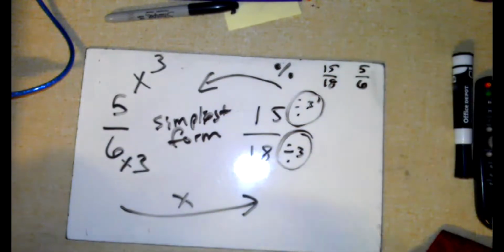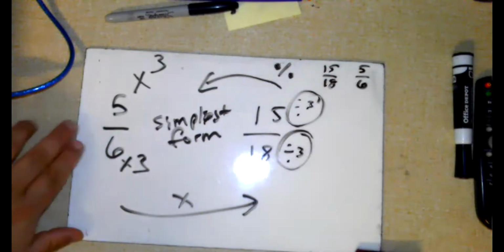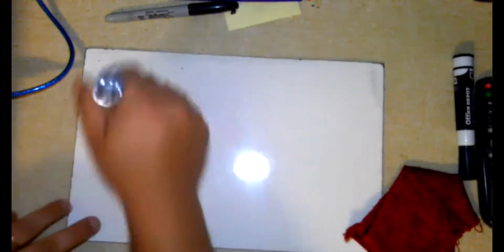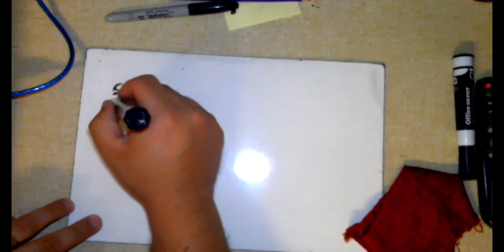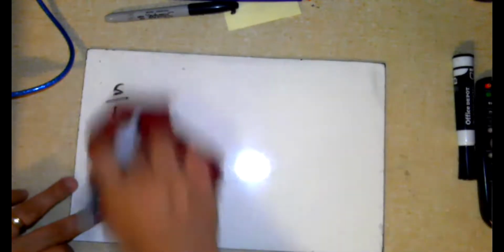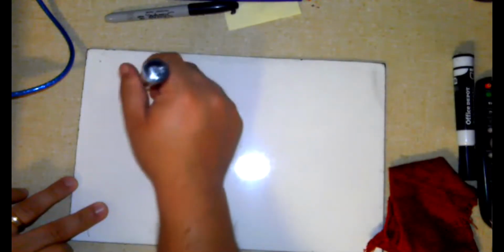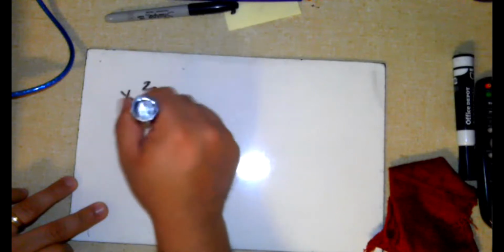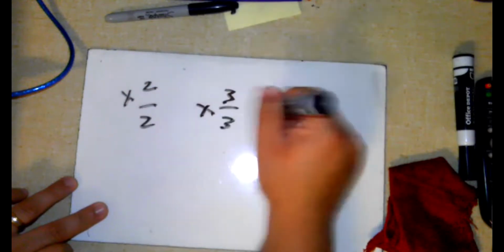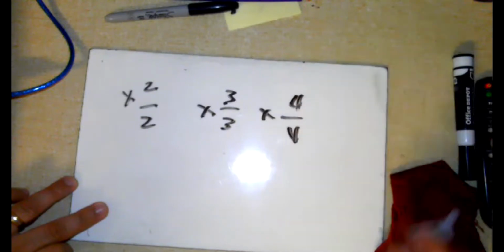You probably ask yourself, well, how are those the same? I can even do this. You just multiply the numerator and denominator by the same number. Okay.